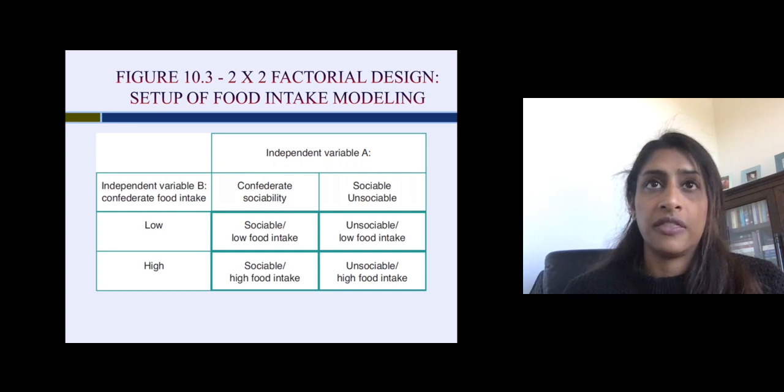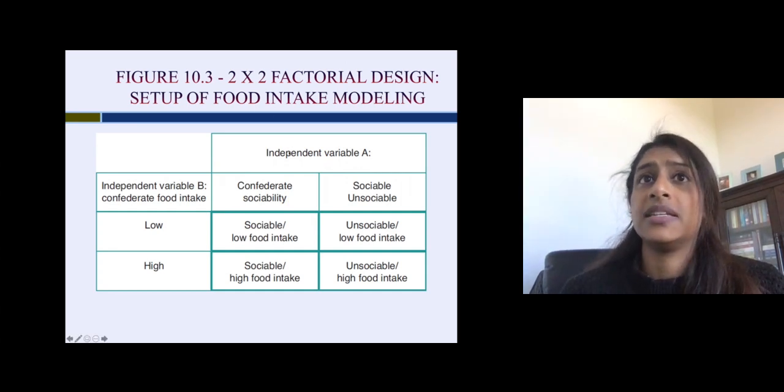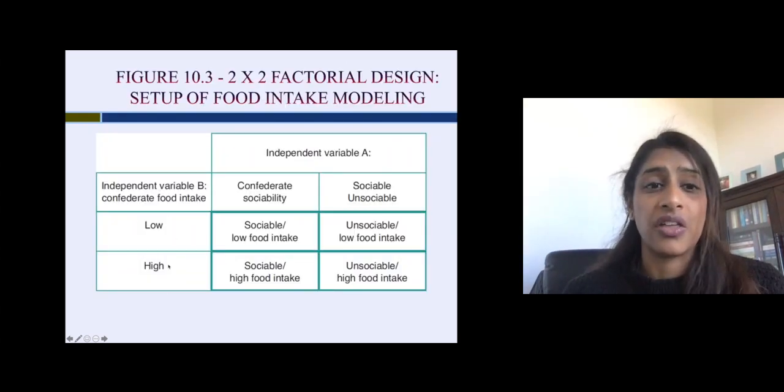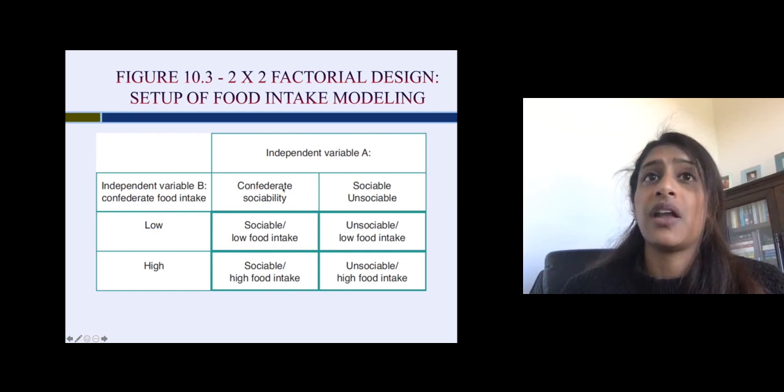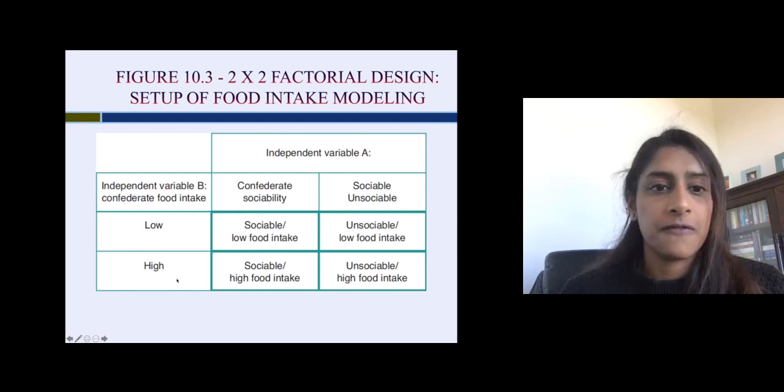So if we take a look at that, we're first going to put it into a table. We have independent variable A on one side, and independent variable B on our other side. Here we've got our confederate sociability, and on this side we have our confederate food intake, low or high.